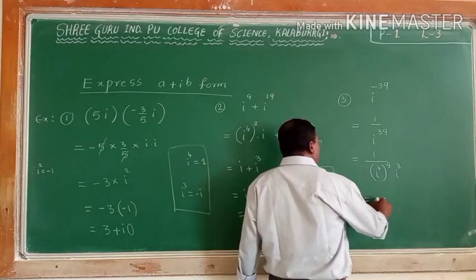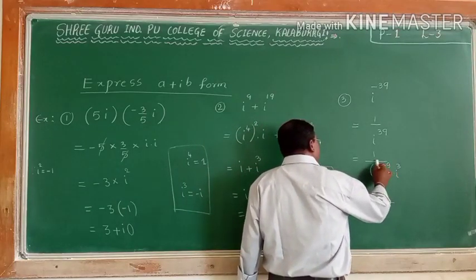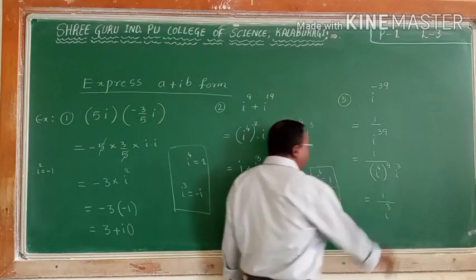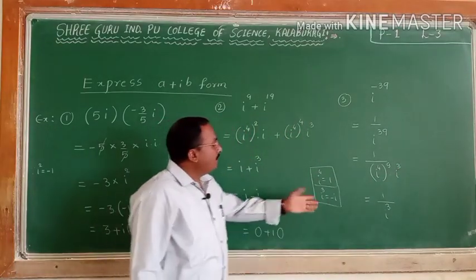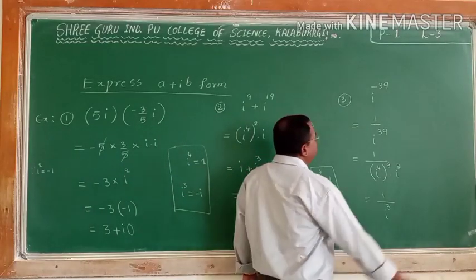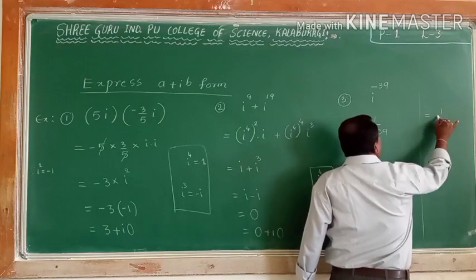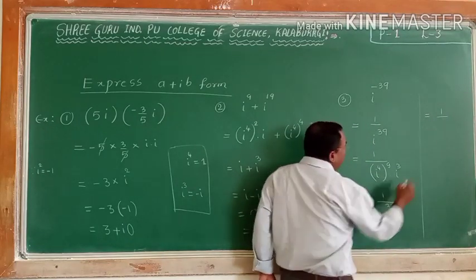So 1 divided by 1 into i cube is i cube, and i cube value is minus i.